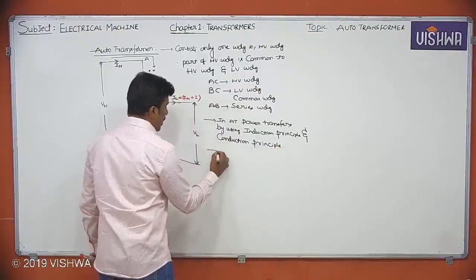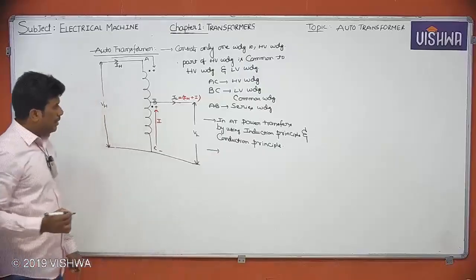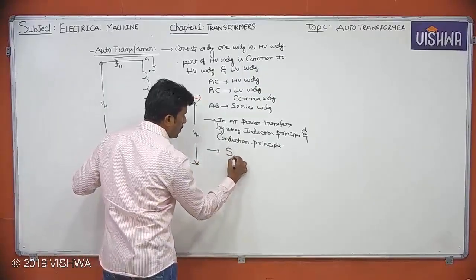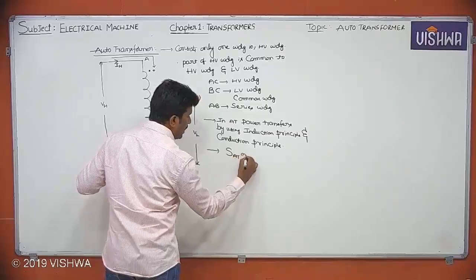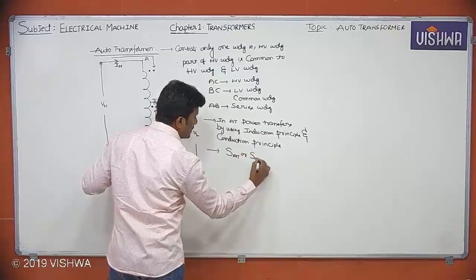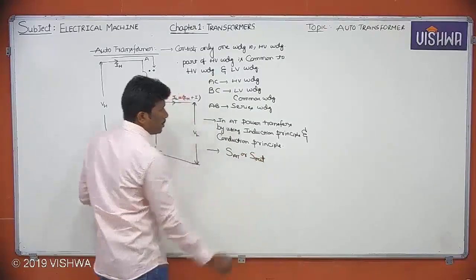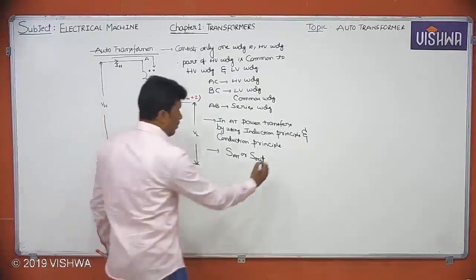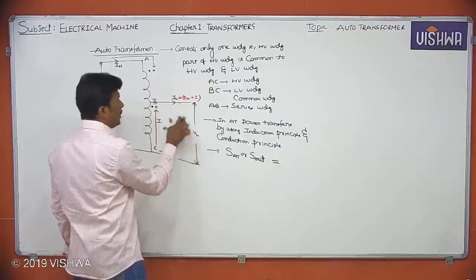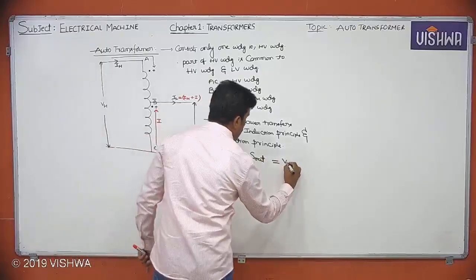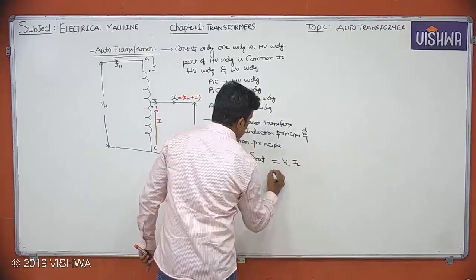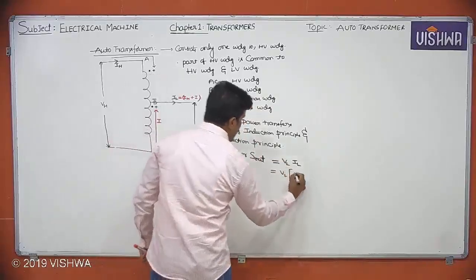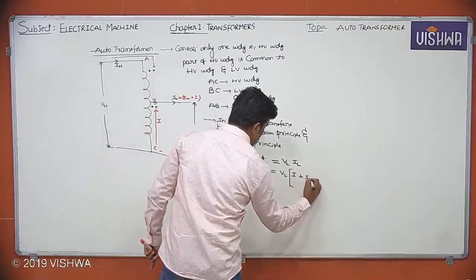Okay. Now tell me here, if you want the rating of auto transformer, I can call it S auto or S out. S auto or S out equal to VL into IL. So VL into IL means how much? I plus IH.